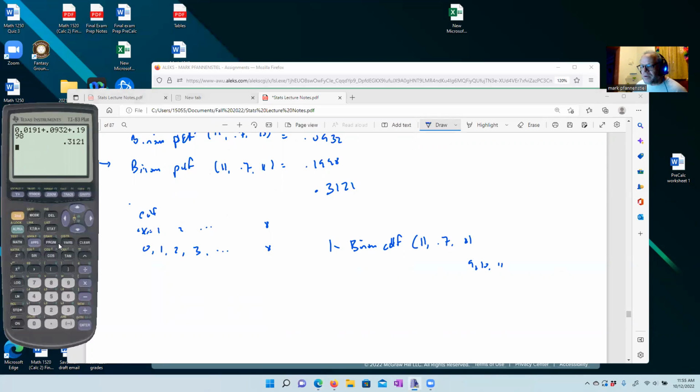So we're going to go into distributions, where it says binomial CDF, for cumulative. We want 0 through 8. We type in 11, 0.7, and the last one is up to 8.